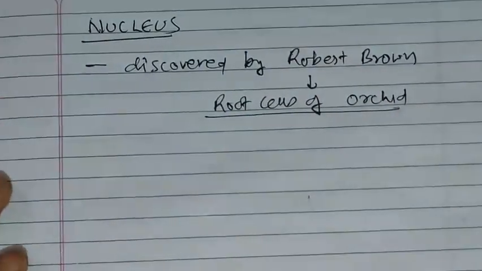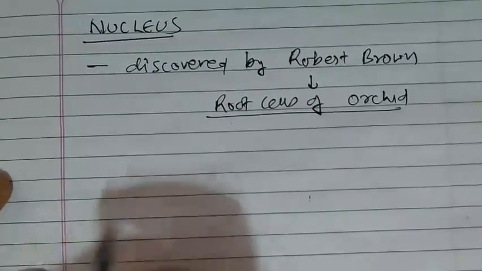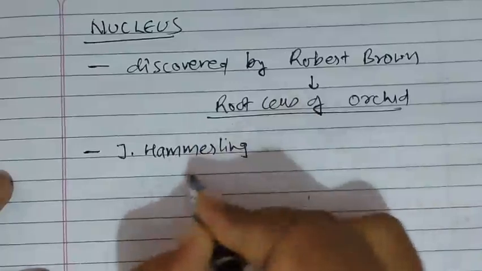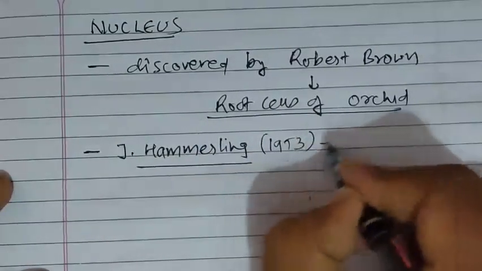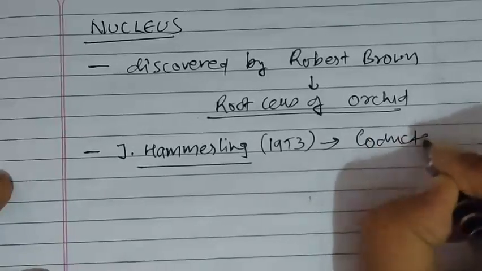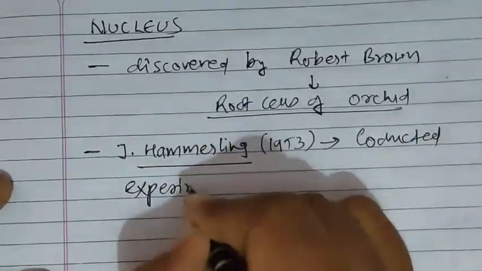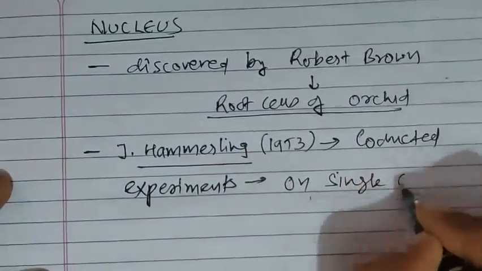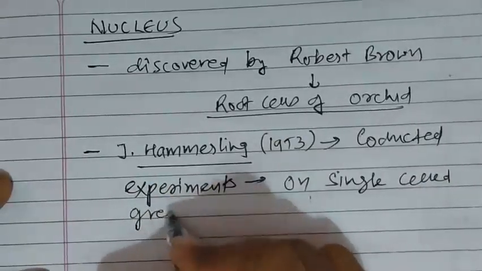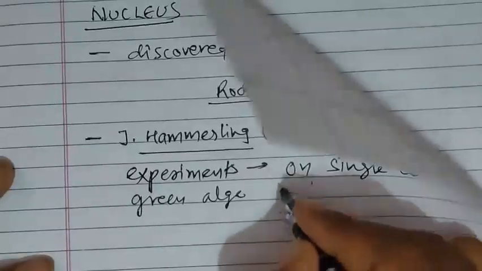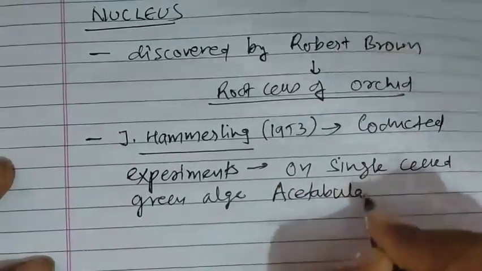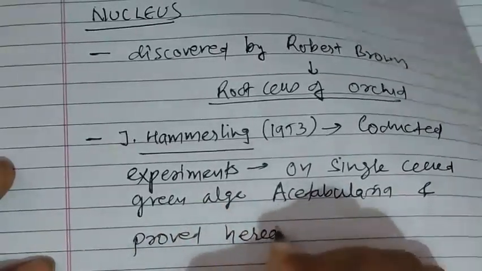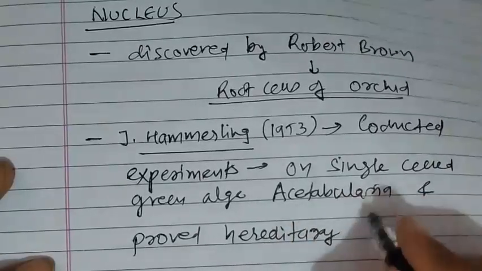Okay, and another scientist, J. Hammerling, in 1953 conducted some experiments on the single-celled green alga Acetabularia and proved the hereditary role of the nucleus.